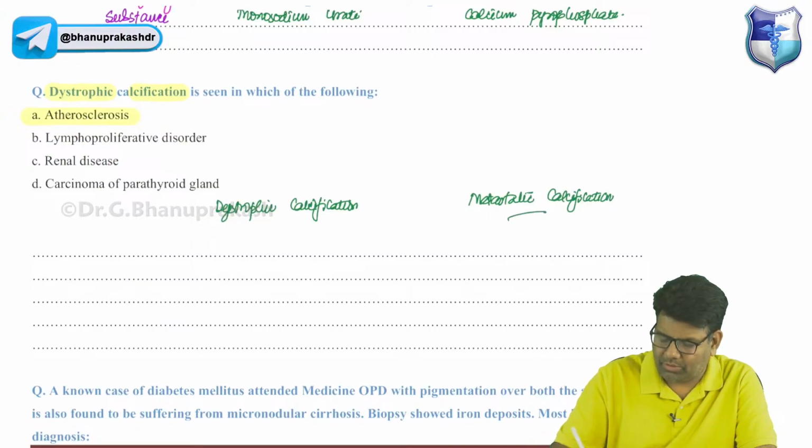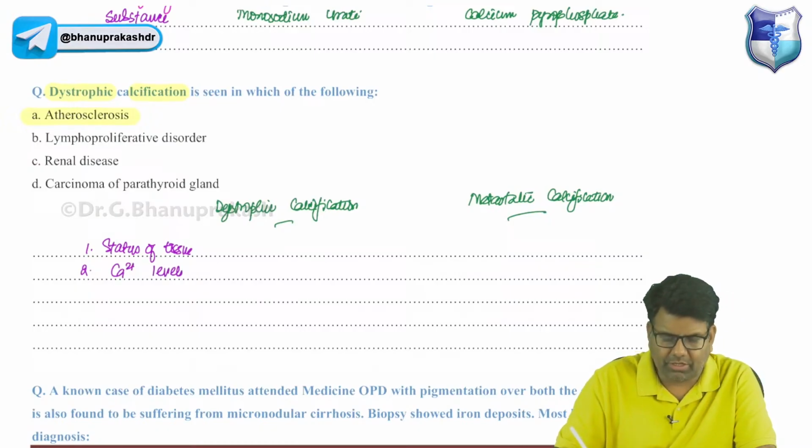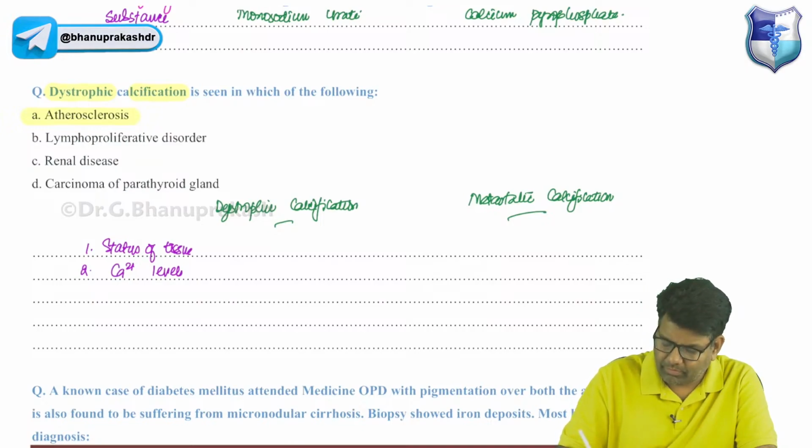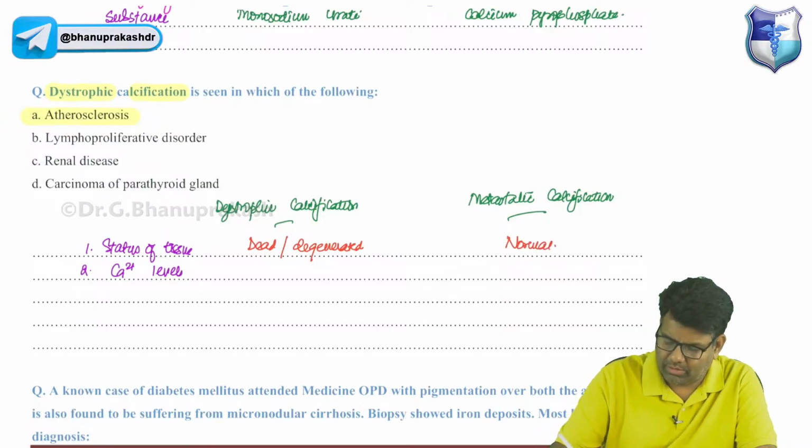There are 2 points based on which we differentiate these 2 conditions. Number 1 is the status of the tissue, and number 2 is the calcium levels. So in dystrophic calcification, the tissue is dead or degenerated. In metastatic calcification, the tissue is normal.